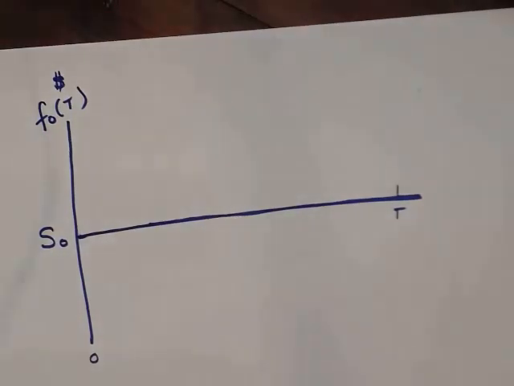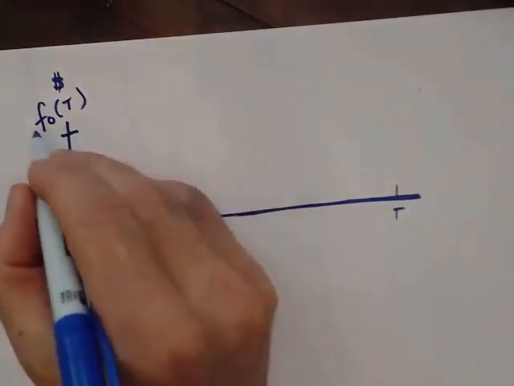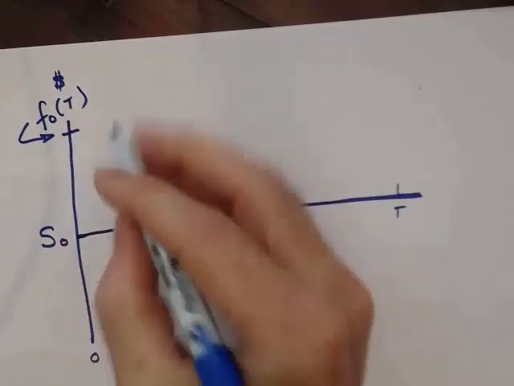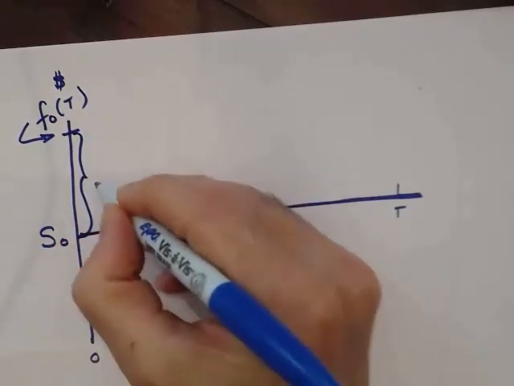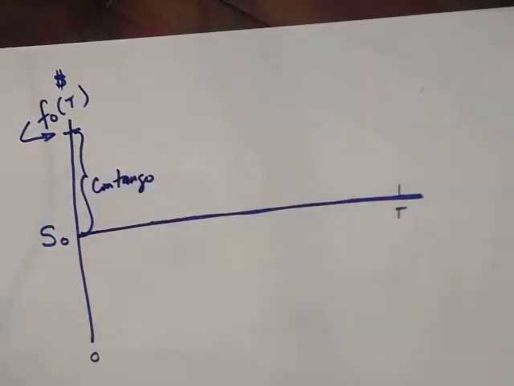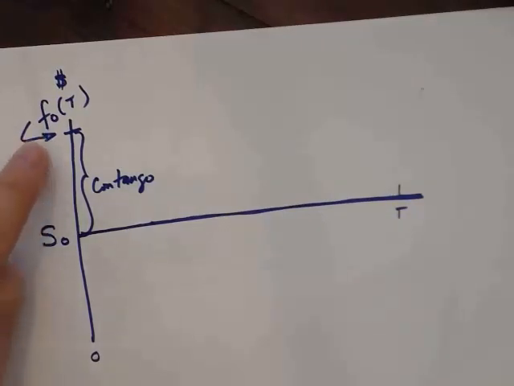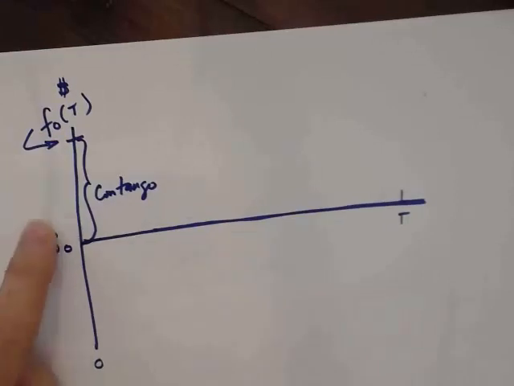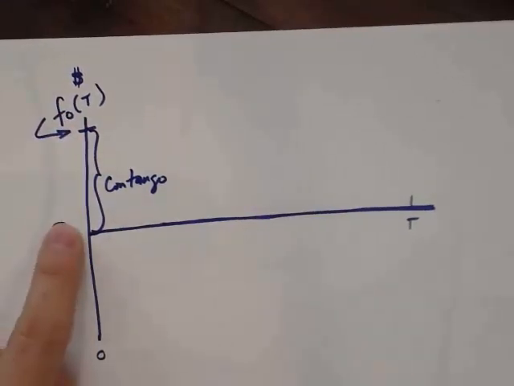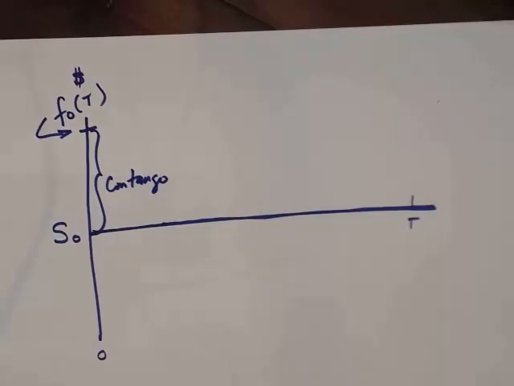Now, when the futures price is high relative to the spot, we just defined this as contango. Because what we said was that hedgers are long futures contracts, and when they go long, they're buying the futures contract, which pushes the futures price up relative to the spot price. And that's contango. But then we also said there's convergence.